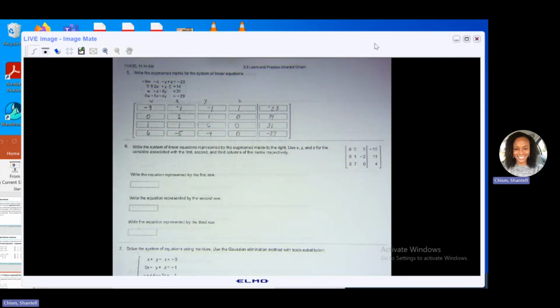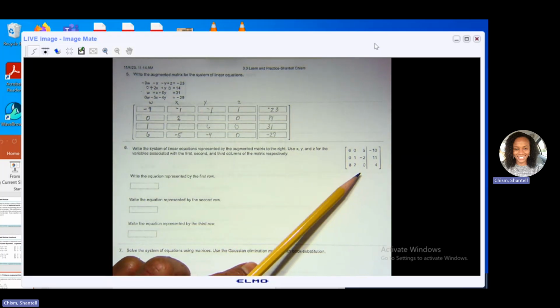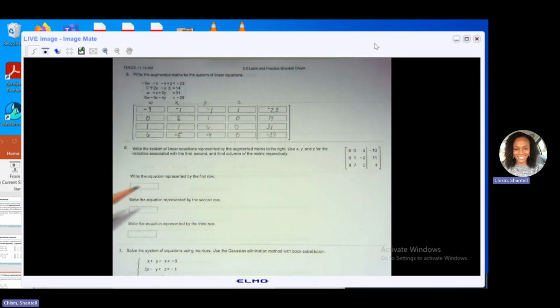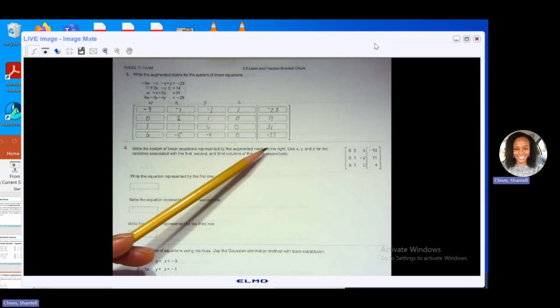So just like with this number 5, we were able to take the system and write it as an augmented matrix. We can go in the opposite direction as well on number 6, where they're giving us the matrix and we're asked to work in reverse and write the system. So this says on number 6, write the system of linear equations represented by the augmented matrix to the right.